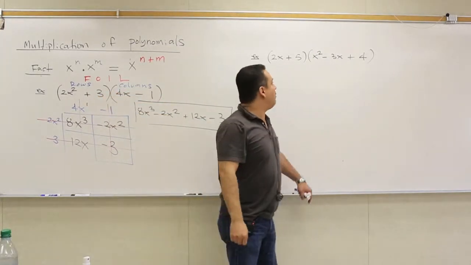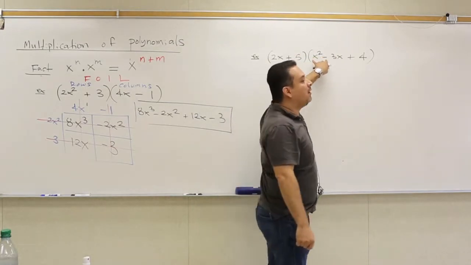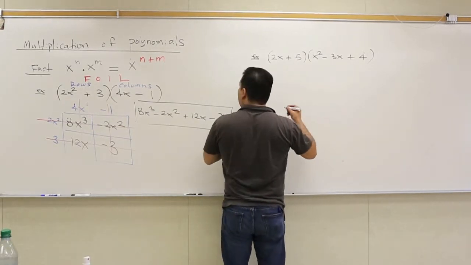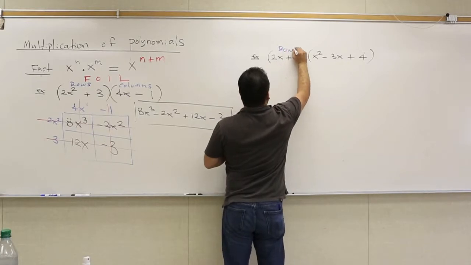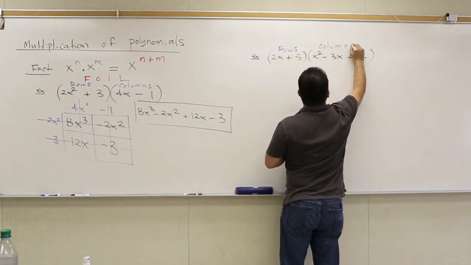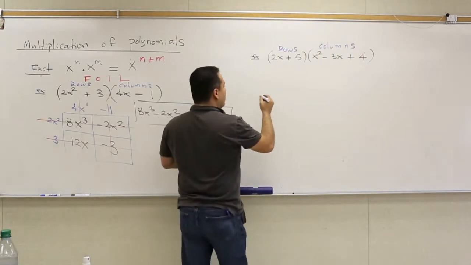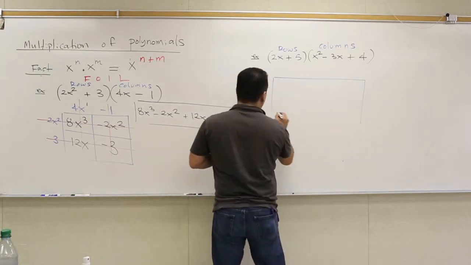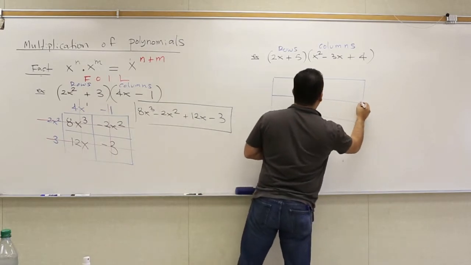You don't have 2 rows, 2 columns now. What do you have? 2 rows and 3 columns. Exactly. So you're going to use a version of FOIL. This is one of the benefits of why I like the rows and the columns.